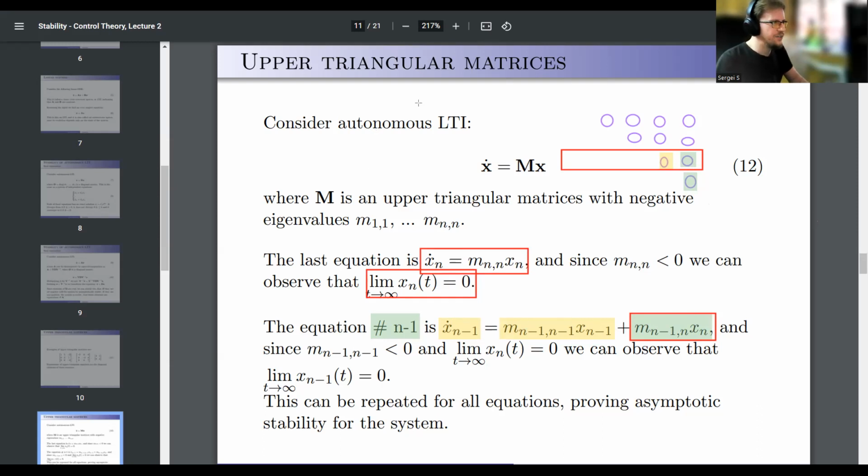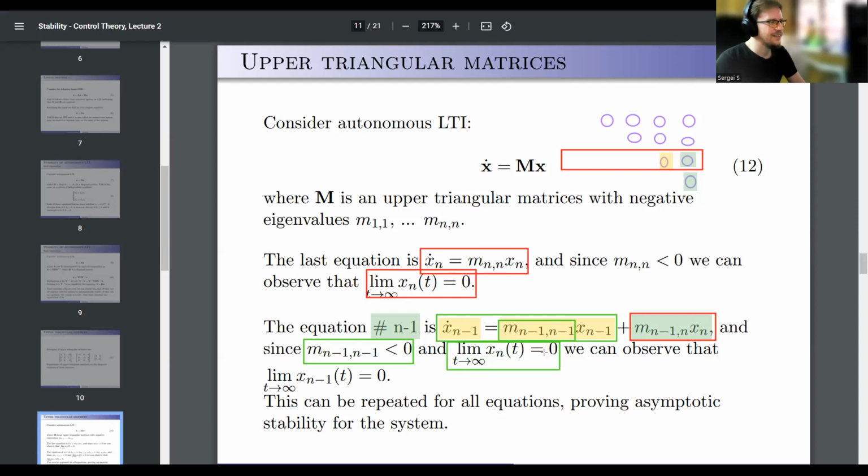What we are left with is this component, which looks exactly like this one here. It's a stable first order ODE. Why stable? Because this guy is less than 0, because all eigenvalues are negative here. So therefore this equation also tends to 0.